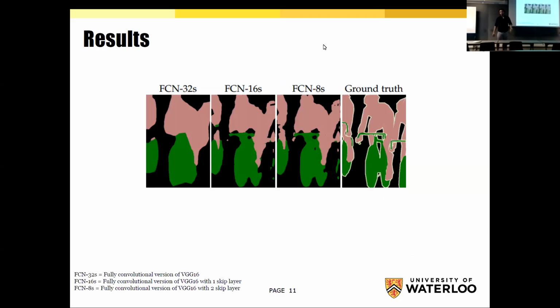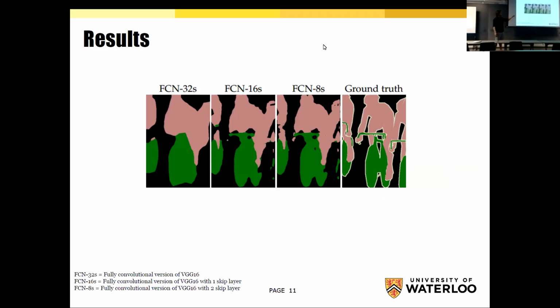Before we get into the actual numbers of the results, some of the terminology they use. FCN-32s is their fully convolutional version of VGG16, and the 32 means that they have not implemented a skip layer yet. FCN-16s is with one skip layer, and 8s is with two skip layers.